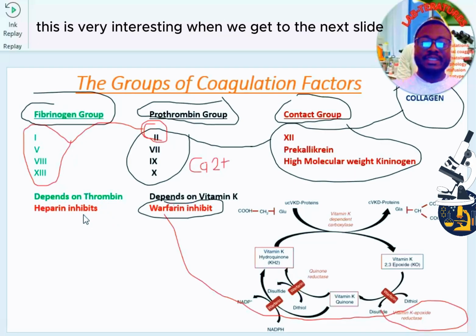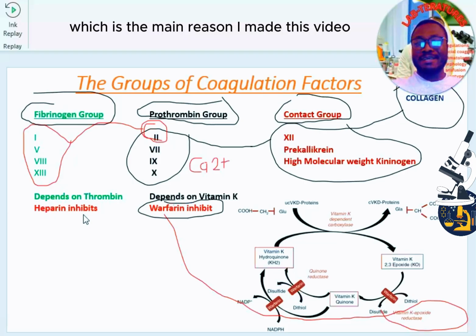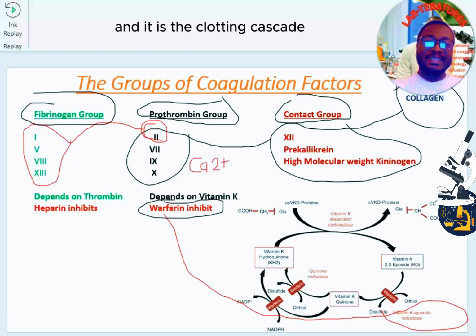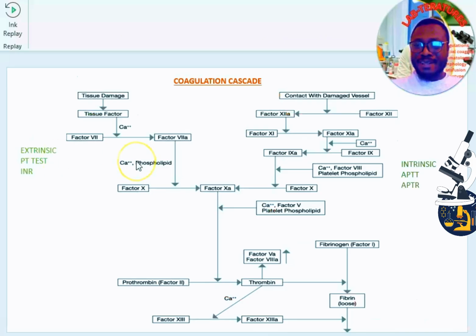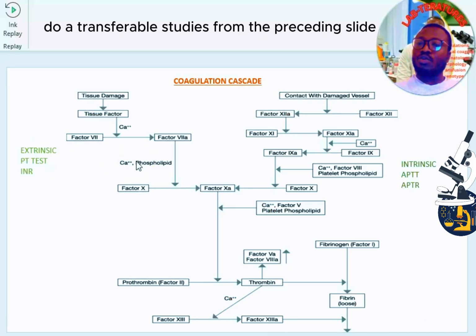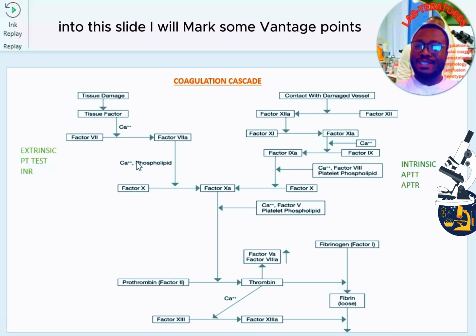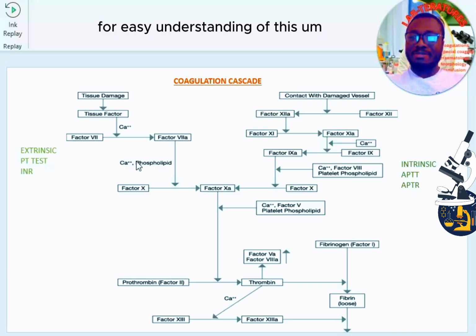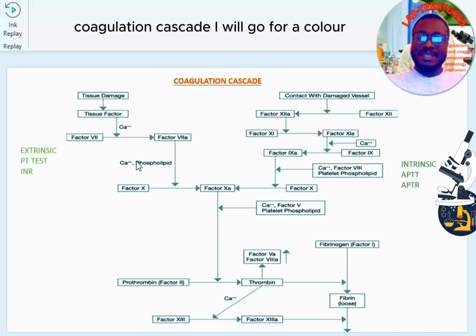This is very interesting when we get to the next slide, which is the main reason I made this video, and it is the clotting cascade. So I've launched the clotting cascade here, but for us to do a transferable study from the preceding slide into this slide, I'll mark some vantage points for easy understanding of this coagulation cascade.